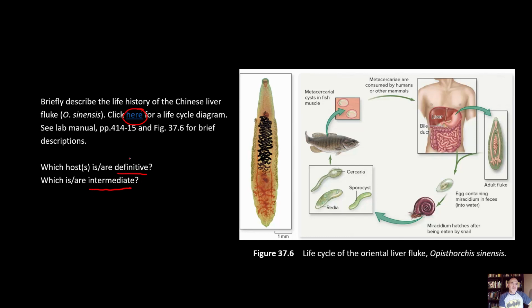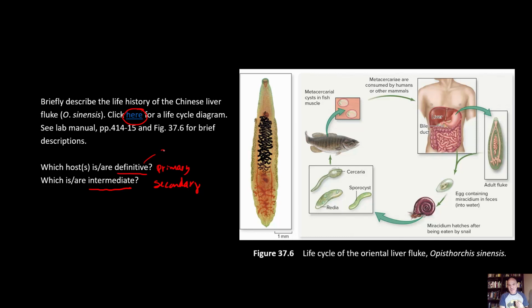The definitive host also may be referred to as the primary host, and then secondary hosts. But I'm going to go with definitive and intermediate hosts here. And the difference here is the definitive host is the one where you find the mature parasite, and that means that it has mature testes and ovaries and is producing eggs through sexual reproduction.